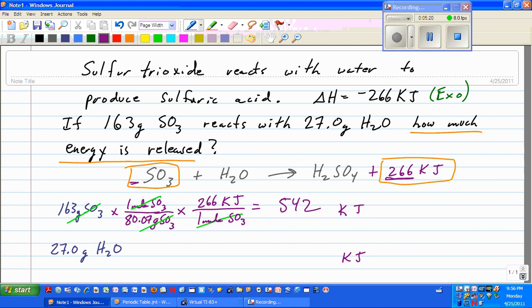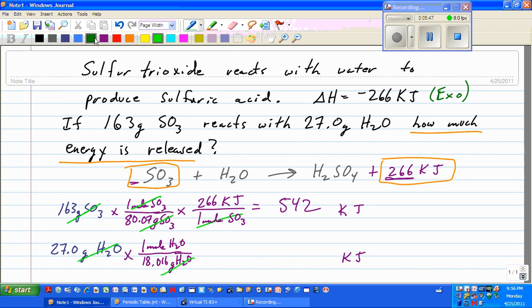Again, it's just like a product. When I go to make that 1 extra kilojoule of energy, I will have run out of one of these ingredients and I won't be able to do that reaction anymore. So I've got 1 mole of water over 18.016 grams of water. These guys will cancel.